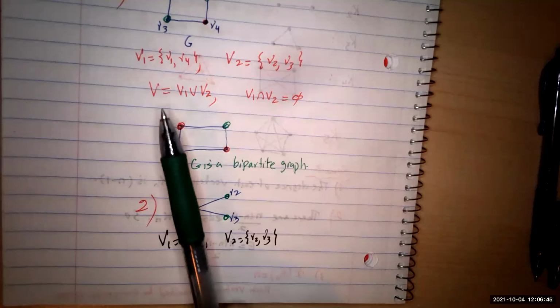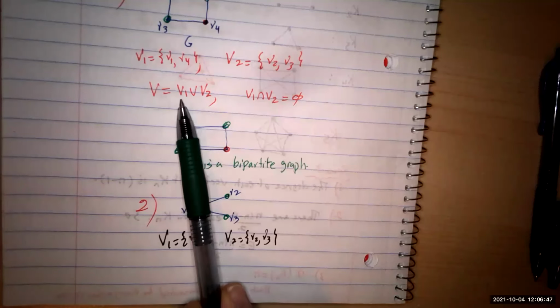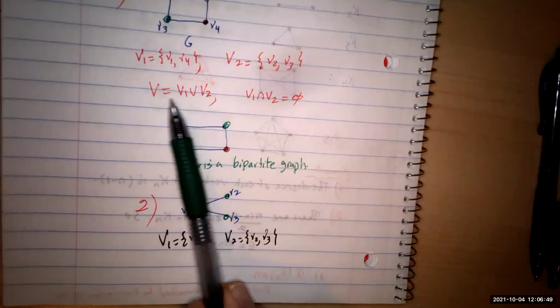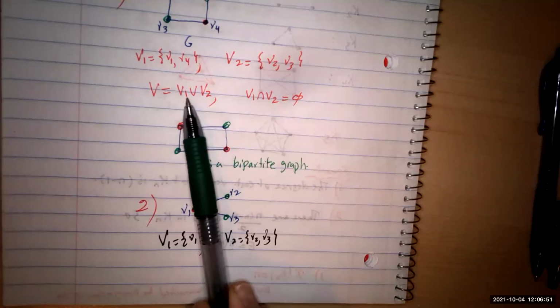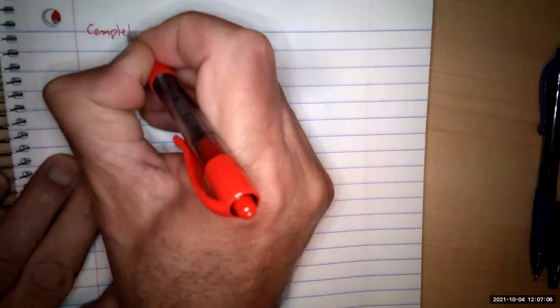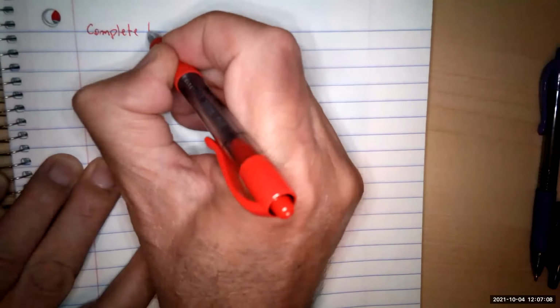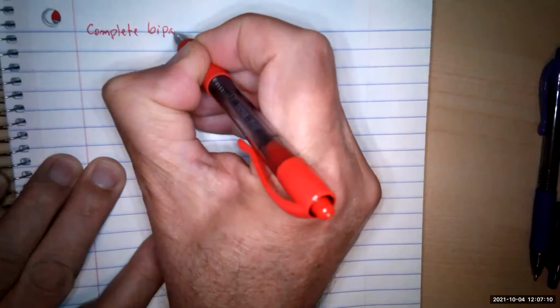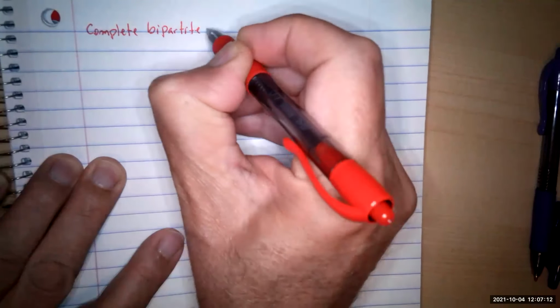All the members in the V1 are connected to the V2, and vice versa. So all the members in the V1 are connected to the V2 and all the members of the V2 are connected to the V1. That would be a complete bipartite graph. So, complete bipartite graphs.